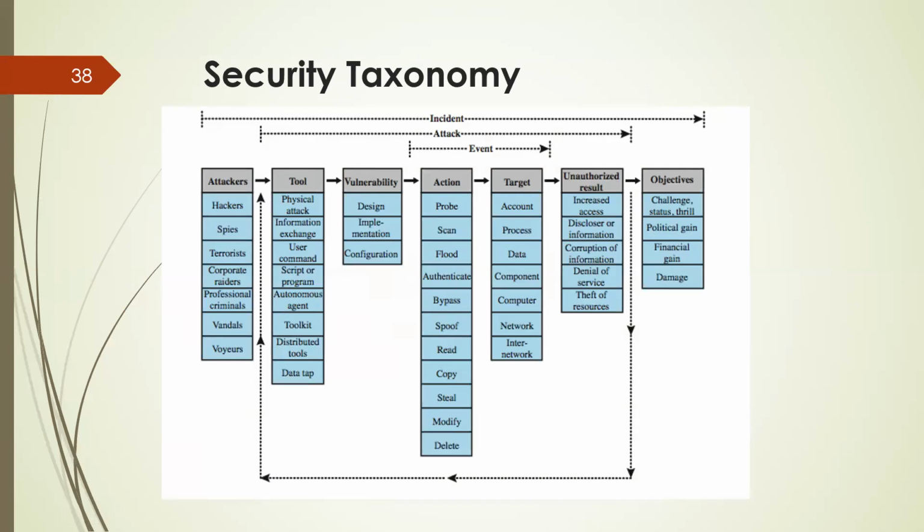Examples of attackers include hackers, spies, terrorists, corporate raiders, professional criminals, vandals, and voyagers. Voyagers are people who are just traveling like nomads. I was just surfing on the internet and I decided to pass by this website.